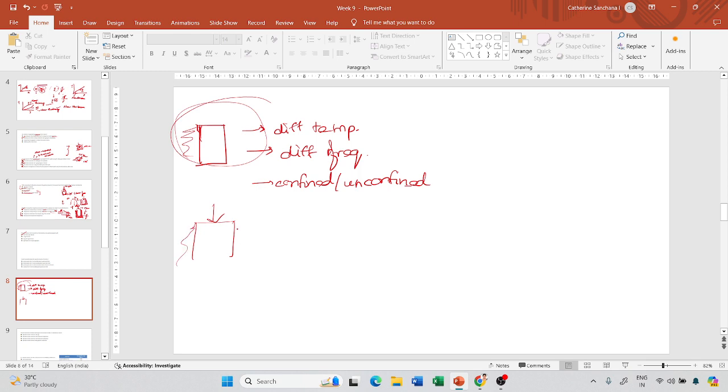Okay, if it is not confined, and I'm applying a compressive load to it, it will easily bulge, and its modulus will be less. But if I provide a confinement to it, some sort of confinement is provided to the sample, this will not allow the sample to easily bulge, because it is offering a resistive force along the sides.